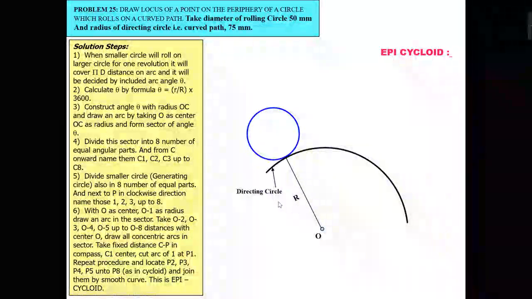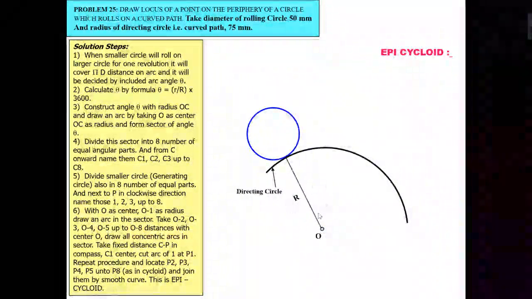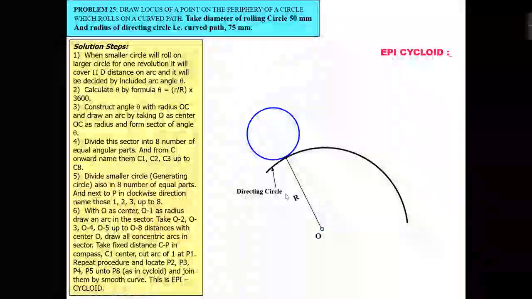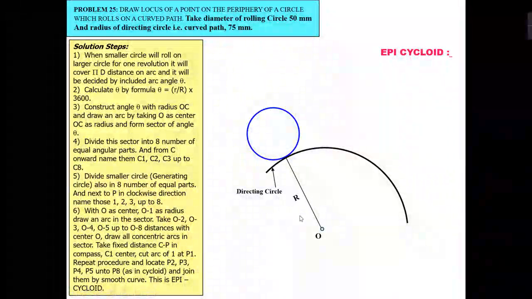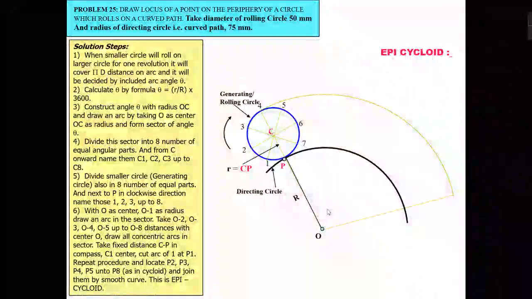The perimeter of the big circle will be 2 pi capital R. So if you take the ratio, you will get the angle. Okay, I will come to that.